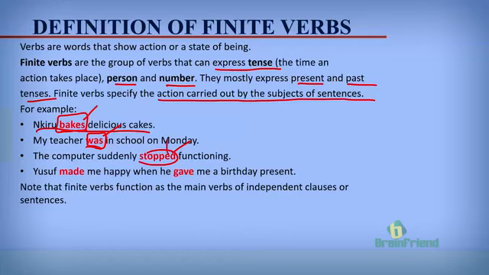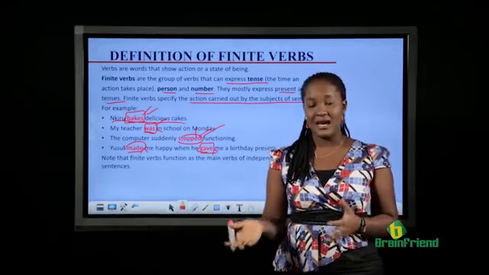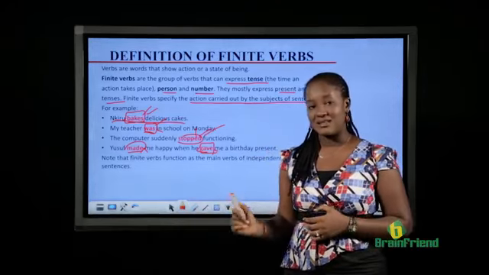And lastly, we have: Yusuf made me happy when he gave me a birthday present. Both verbs made and gave are in the past tense. They express past tense actions. So these verbs here, bakes, was, stopped, made, and gave, are finite verbs because they express tense, either present or past tense.